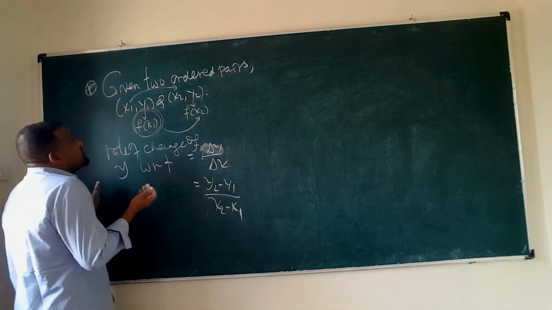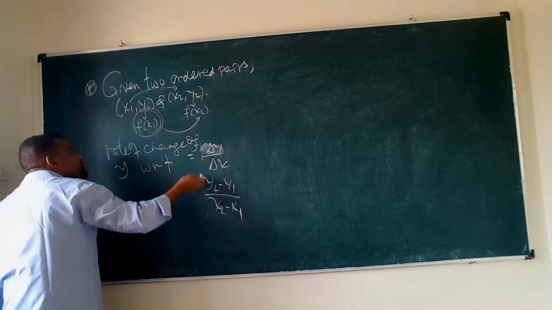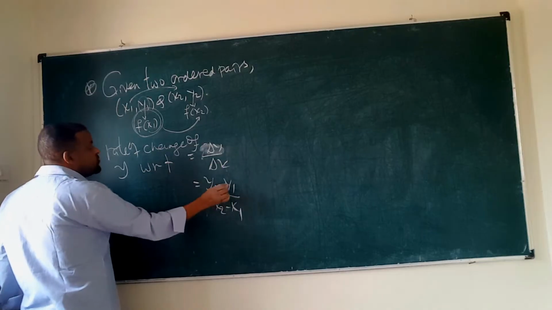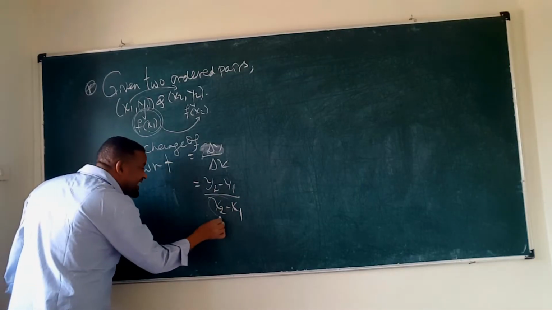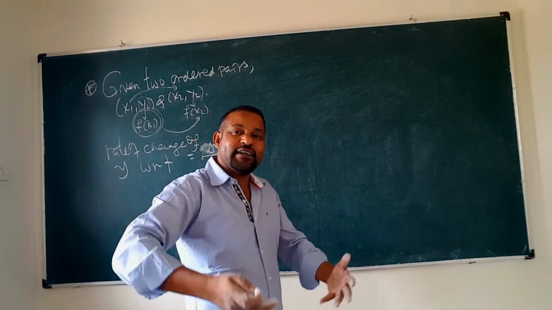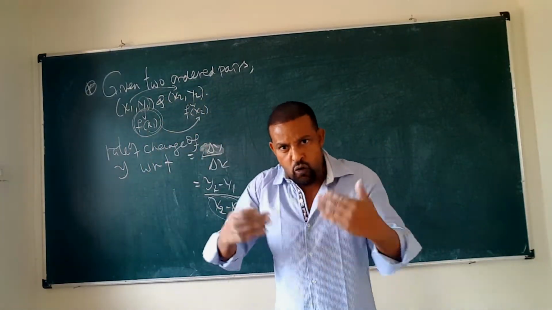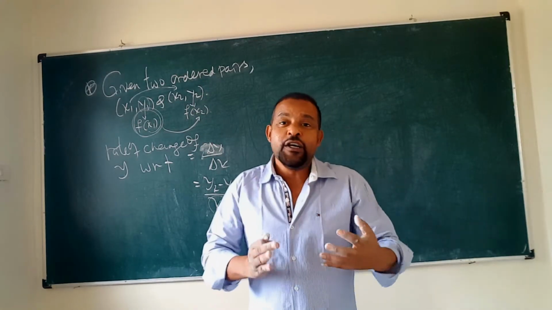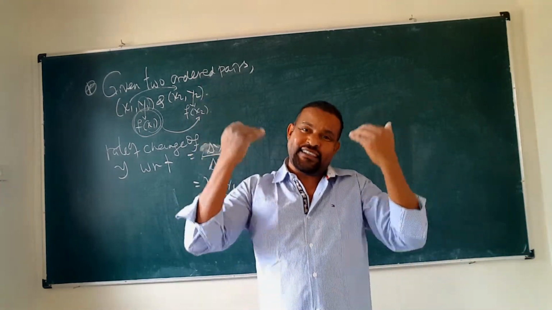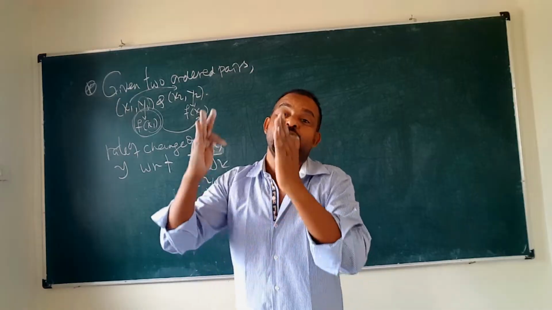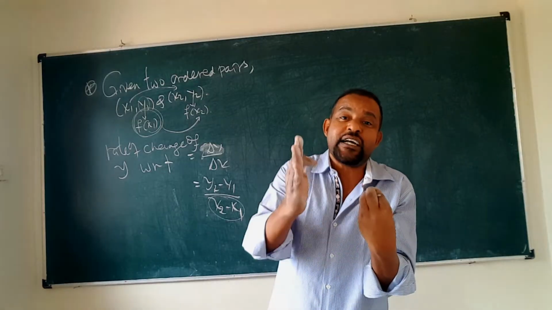So that is, so given two ordered pairs x1 y1 x2 y2, then the rate of change of y with respect to x means change in y over change in x, which means y2 minus y1 over x2 minus what? x1 ማለት አሁን ይሄ change እያሳነስ ነው that means the change in x እያሳነስ ነው ሲሄድ ምን ይሆናል ወደሚለው ኮንክሉዥን ነው የምንሄደው ፋይናሊ። አሁን ልብ አድርጉ። So this rate of change of one quantity with respect to another quantity ምን እያደረግነው ነው? ወደ ማቴማቲካል ስትራክቸር እያመጣነው ነው። That means the rate of change of functional value of a given function with respect to x. ስለዚህ rate of change ፖዚቲቭ ሆነ ማለት ፈንክሽናችን ምን ሆነ ማለት ነው?